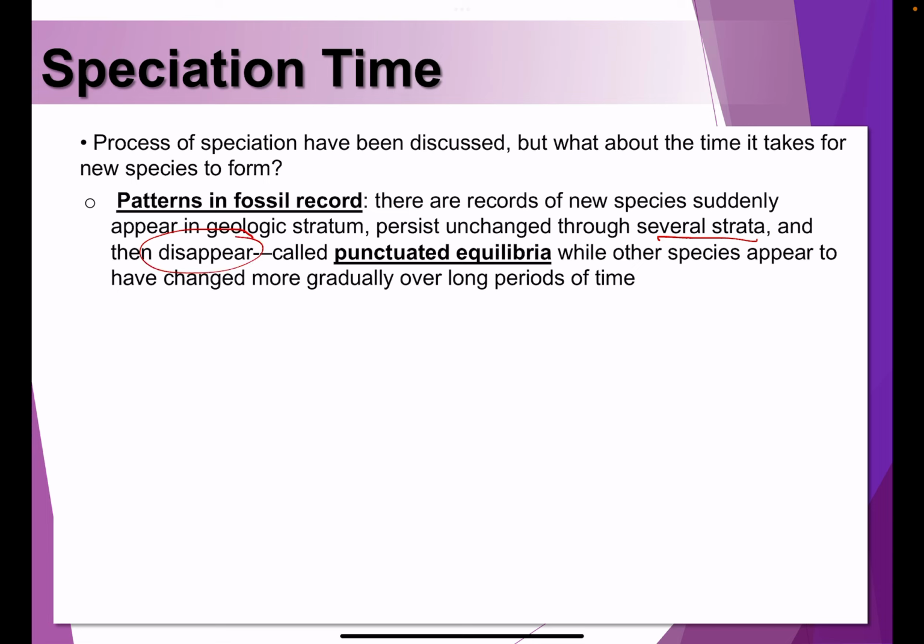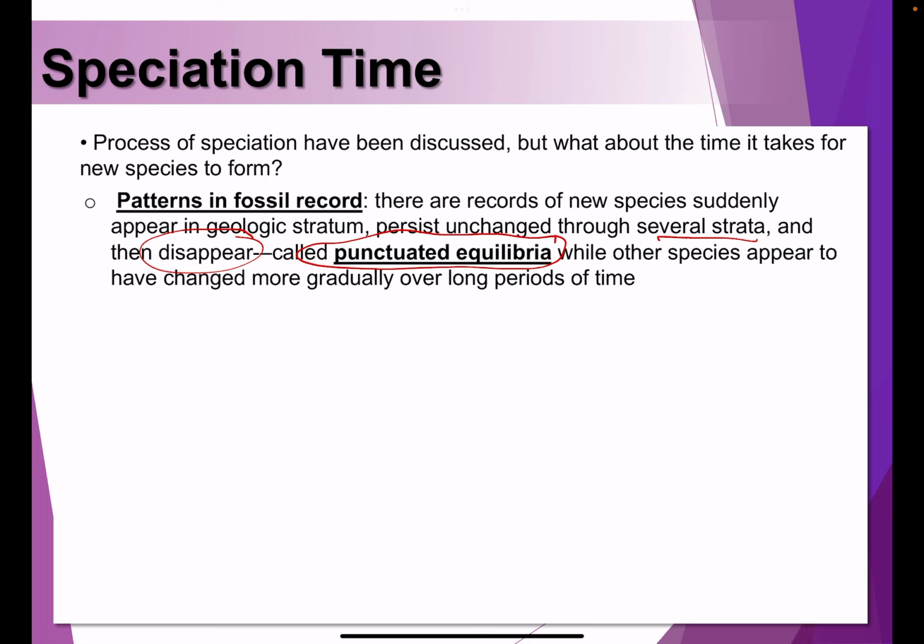This is what they call punctuated equilibria, meaning that fossils are found of a species at one time, and another time, and a third time. Then all of a sudden, without any change at all, they just disappear. Other species don't have this punctuated equilibrium.